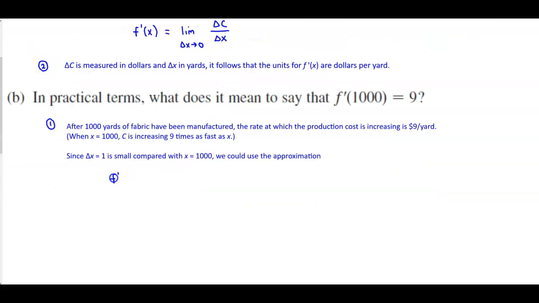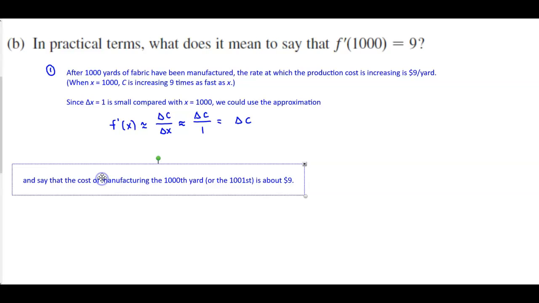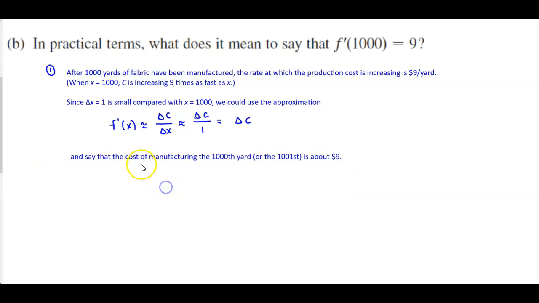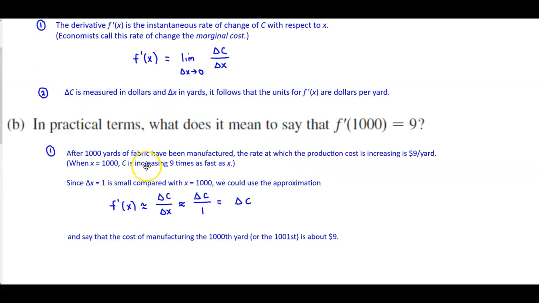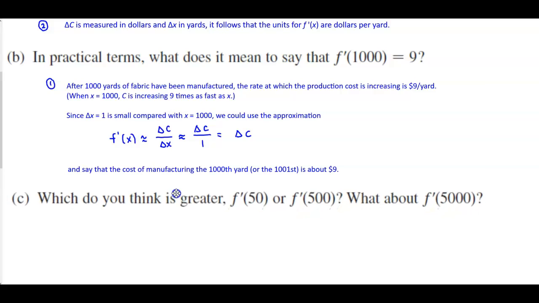So the approximation of F prime of X would be the change in C over the change in X. And so when the change in X is 1, that approximation is the change in cost over 1, which then becomes the change in the cost. And so we can say that the cost of manufacturing the 1000th yard, or the 1001st, is about $9.